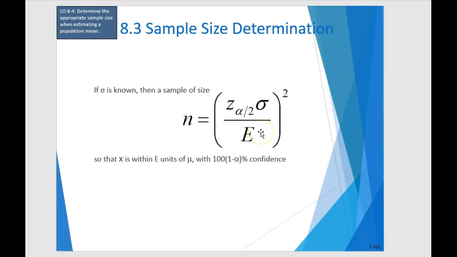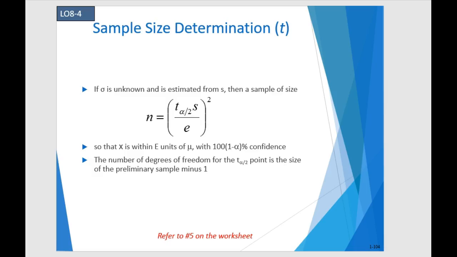That's going to give us the sample size in order to give us a certain level of confidence, which is whatever alpha specifies. So this is our formula for a z-based sample size determination, and this is going to be our formula for a t-based sample size determination.